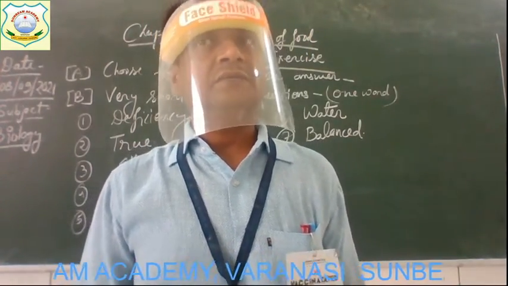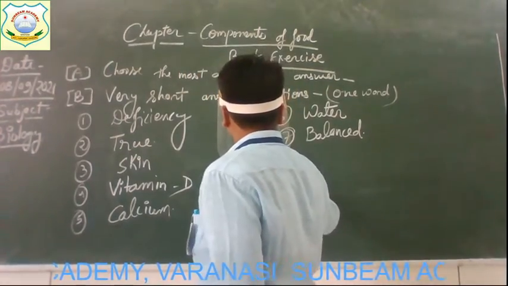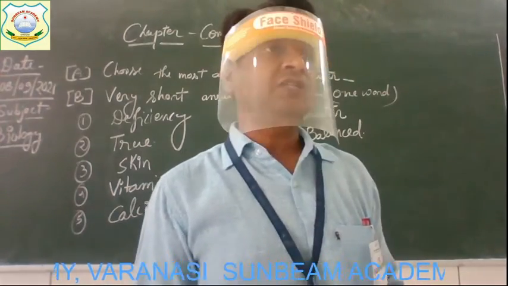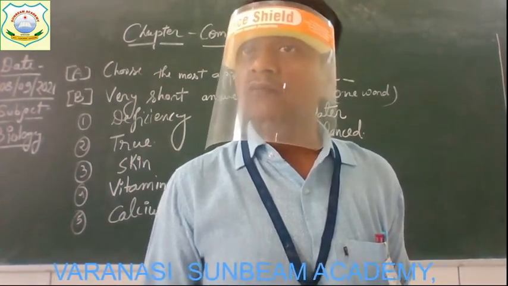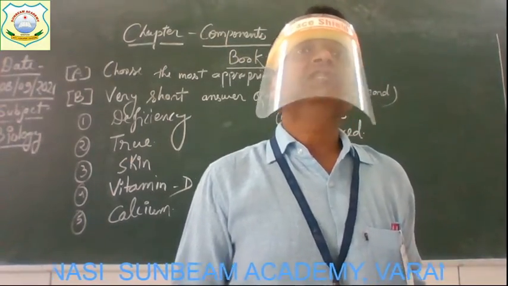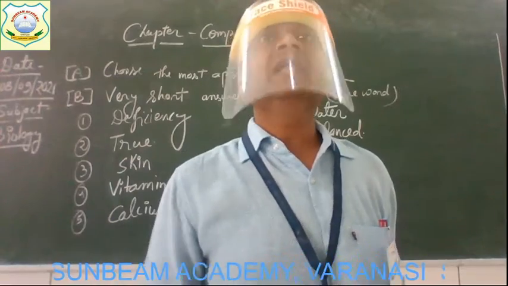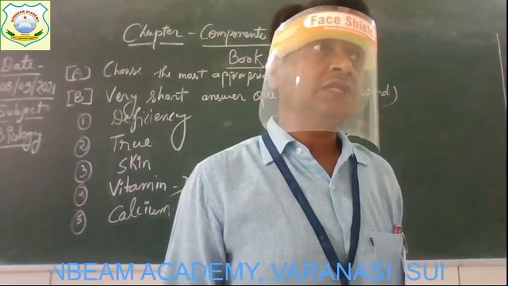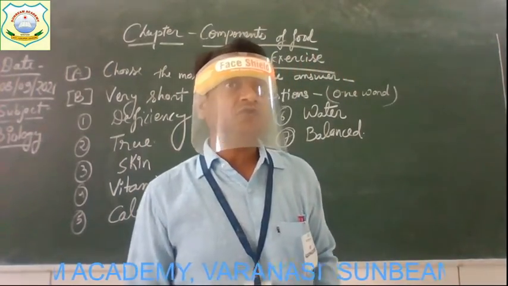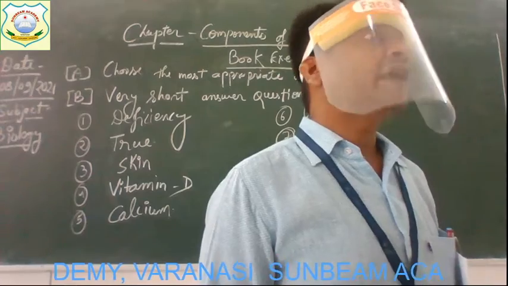Get it? Now, the next question, number 8, and the question is, meat does not contain roughage. Is it true or false? Children, is meat a food which comes from a plant source or an animal source? You know very well, it comes from animal sources. And the food which comes from animal sources does not have roughage.